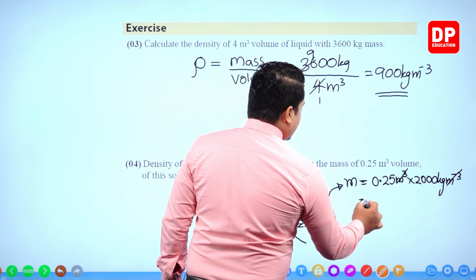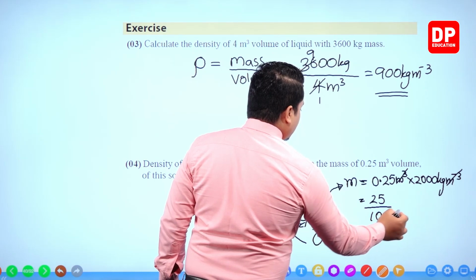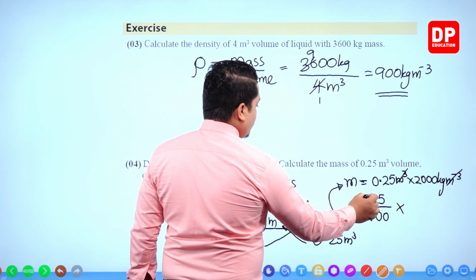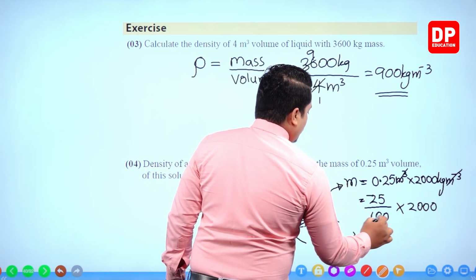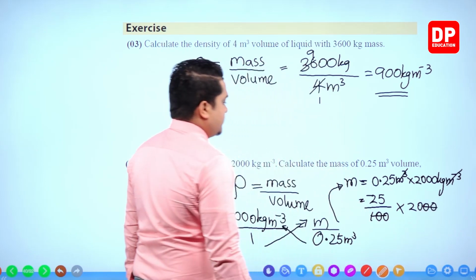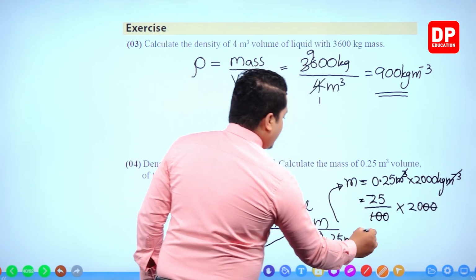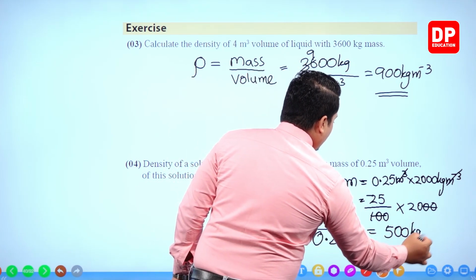0.25 means, my dear children, it is equal to 25 over 100, right? You can turn it into a fraction. This is 2000. 2 zeros to 2 zeros are getting cancelled now. 20 times 25 is equal to 500 kilograms.